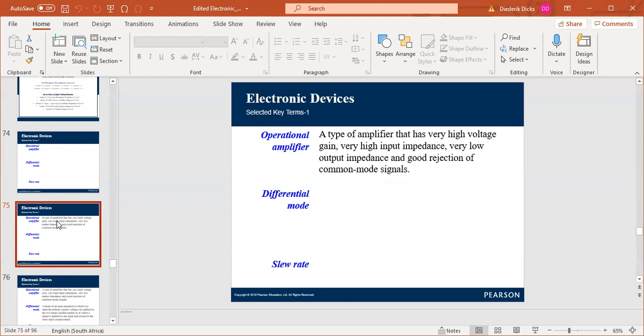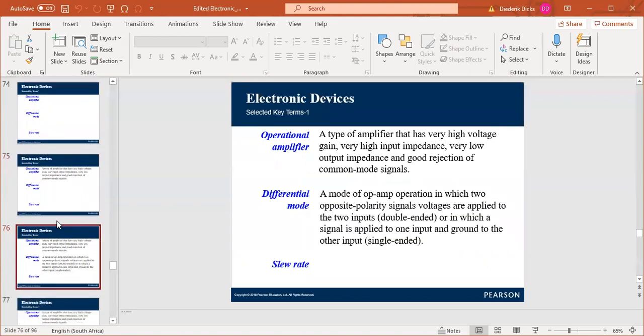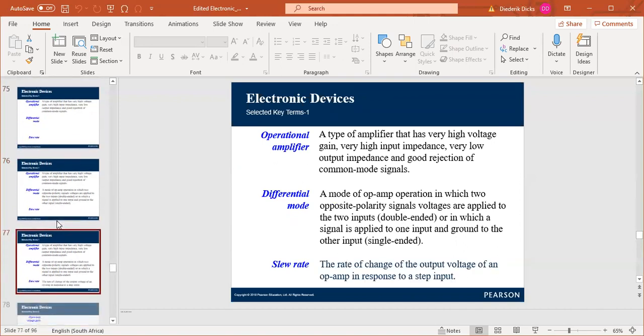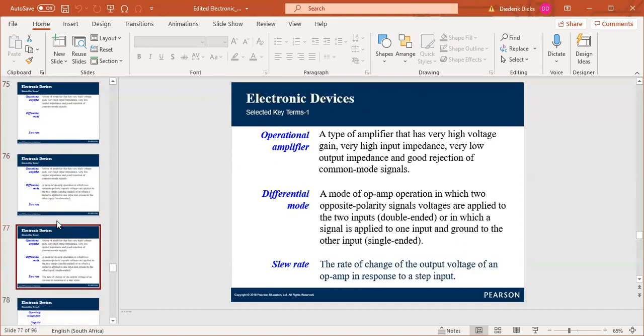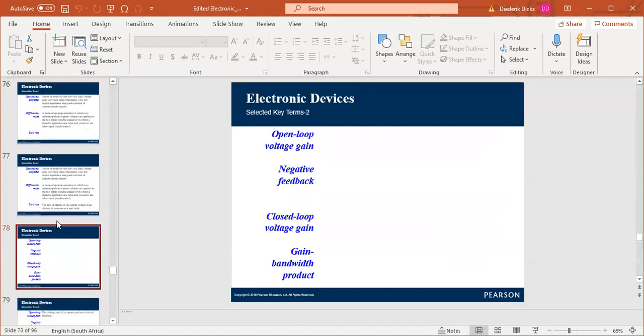The operational amplifier is a type of amplifier that has very high voltage gain, very high input impedance, very low output impedance, and a good rejection of common mode gain. Differential mode is a mode of op-amp operation in which two opposite polarity signals, voltages, are applied to the two inputs, double-ended, or in which a signal is applied to one input and ground to the other input. The slew rate is the rate of change of output voltage of an op-amp in response to a step input.